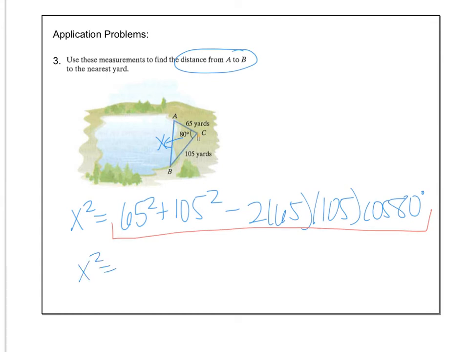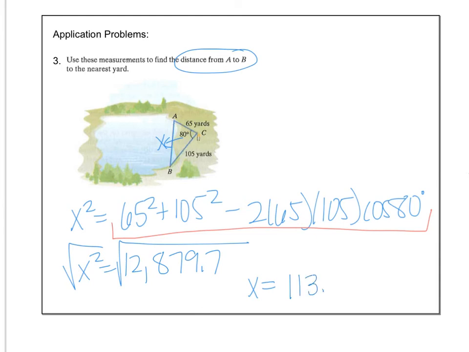And we get x squared is equal to 12,879.7. And then the last step is to take the square root here to figure out what x is, and that will give you your answer. I get 113.4, so it's just 113 to the nearest yard, 113 yards.